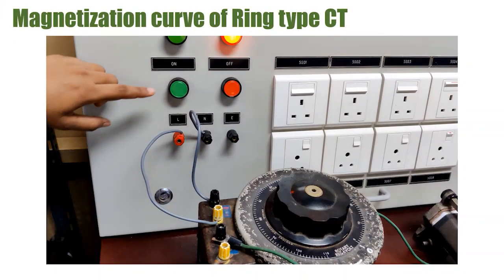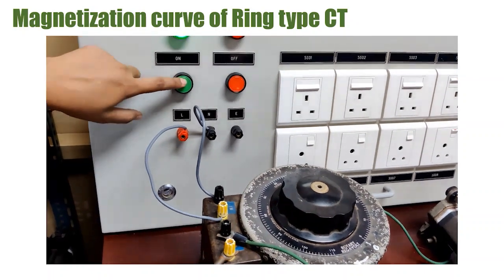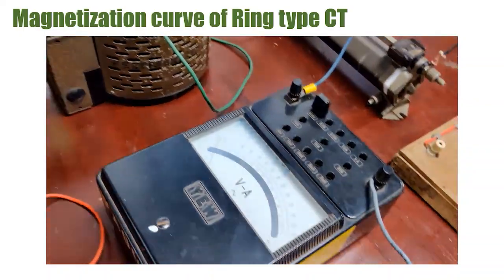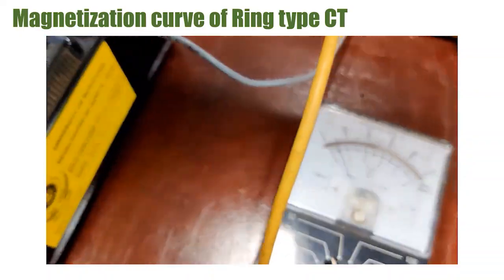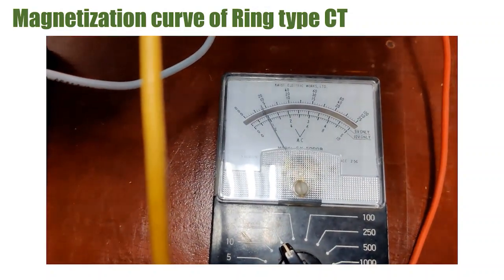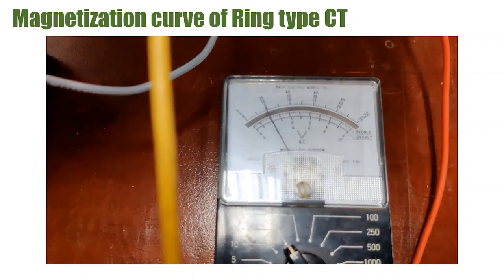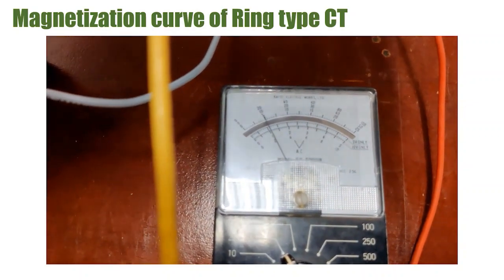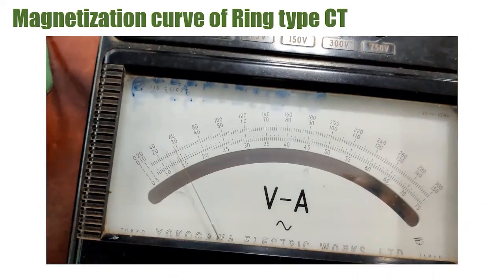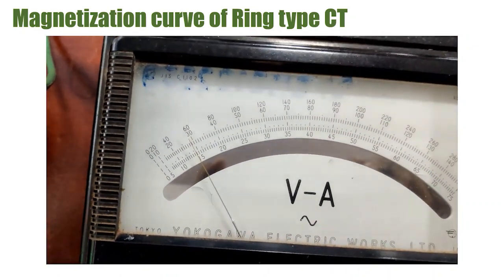Now, let's take readings for the magnetization curve of the ring type CT. First, power on the circuit and rotate the variac dial until the voltmeter reading shows 5 volts. Then, take the ammeter reading.